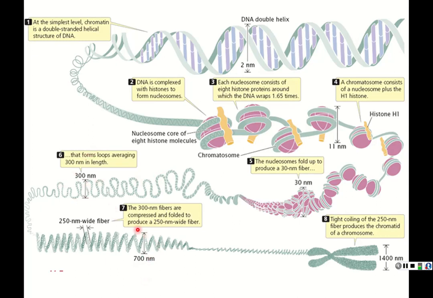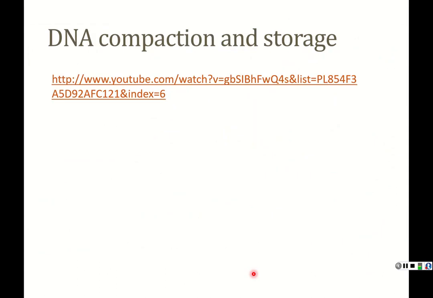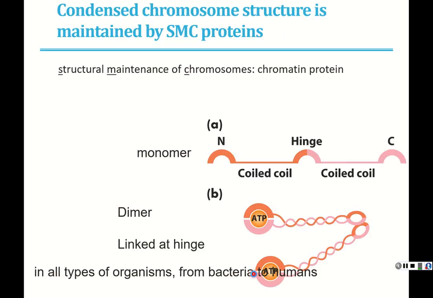The 700 nanometer fiber is again making another coil, and so forth. And then finally, the chromatid structure of the chromosome is the 1400 nanometer structure. A video to view this DNA compaction and storage is shown here. Again, that's in the description.